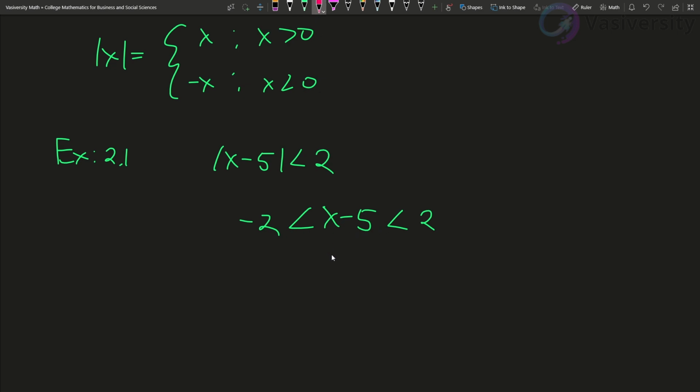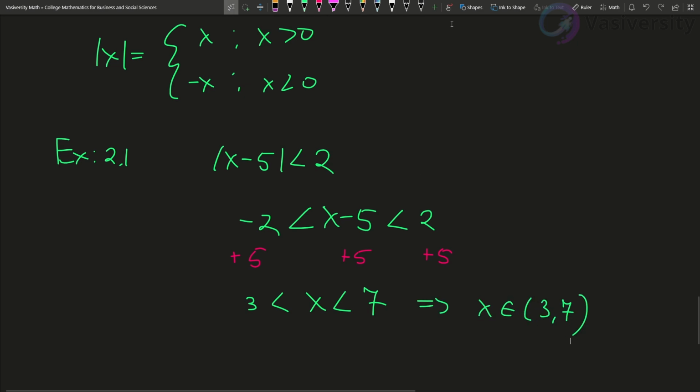We have just a double inequality. We can just add 5 to each side to keep balance. So we're going to have negative 2 plus 5, that's 3, less than x, less than 2 plus 5, that's 7. Or we can also write it as x belongs to (3, 7), another notation for it. Okay, so we found a solution.